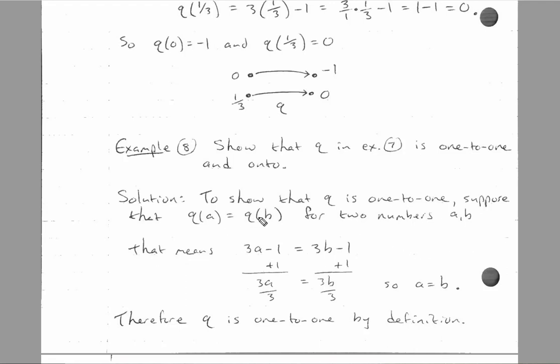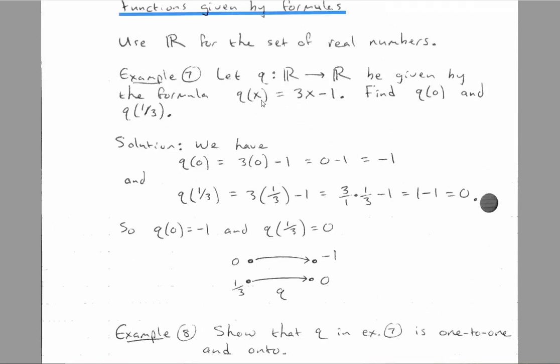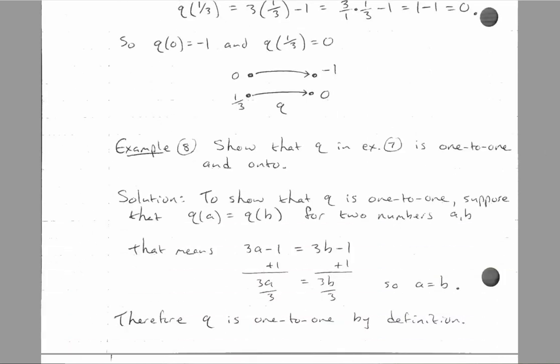Okay, so if Q of a is equal to Q of b, that means that just from the definition of Q, if you have a instead of x or b instead of x, so this is Q of a, this is Q of b.